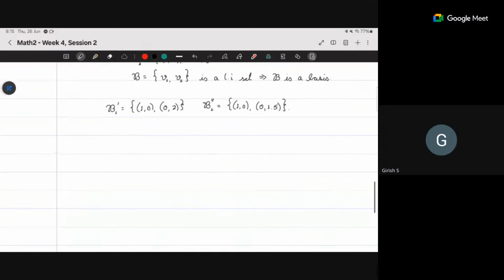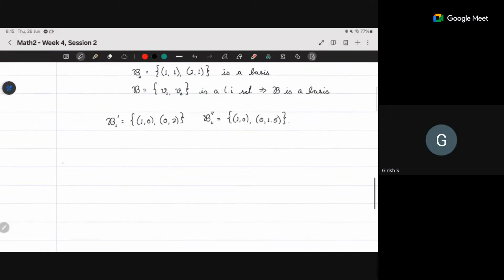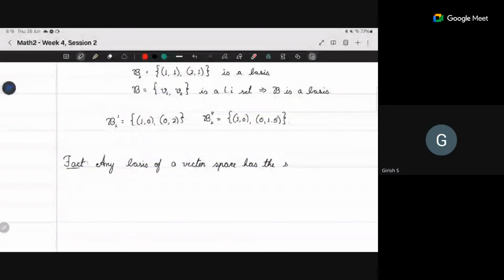That becomes a problem. But that actually is not a problem because of the following fact, which will not be proved. Any basis of a vector space has the same number of elements.